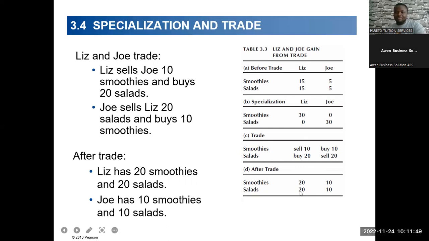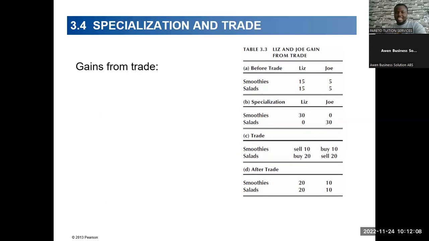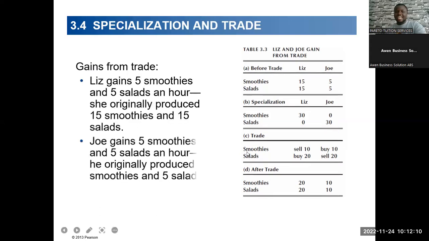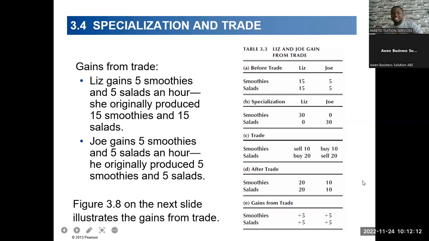So Liz is having 20 of the salad, and Joe is having 10. So after the trade, look at the combinations that they have now. Liz is now having 20-20. Joe is having 10-10. If you compare this to before the trade, can't you see there's a gain? You see that there's a gain, right? They are each gaining 5 and 5.